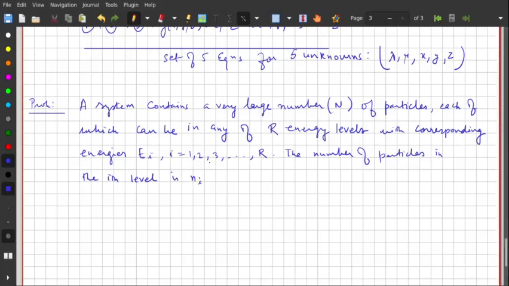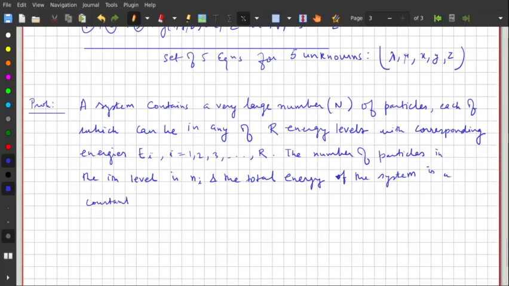That means it's n1, n2, n3, and so on, for different energy levels, and the total energy of the system is a constant given by E. Okay, so that's the total energy of the system.